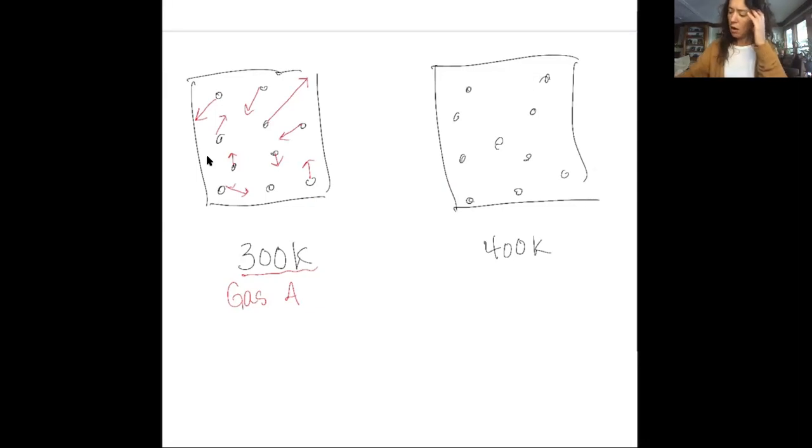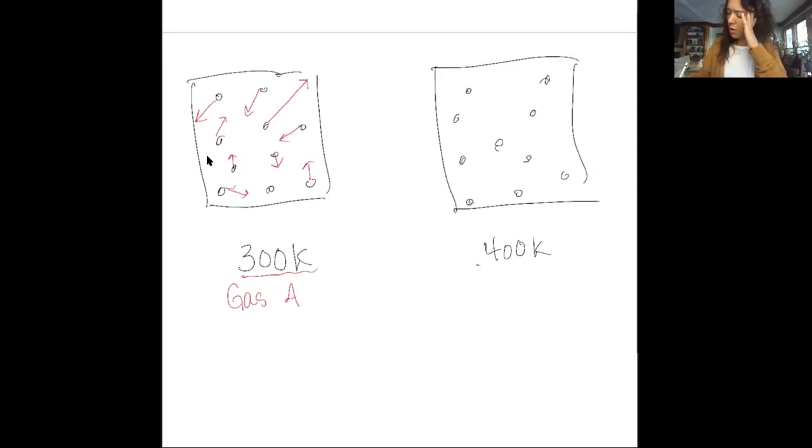Well, if we look at our other gas, same number of particles, higher temperature, a greater number of these particles are going to be moving at a higher speed. Why? Because the temperature is higher, but there will still be some moving at slow speeds, maybe some barely moving at all.